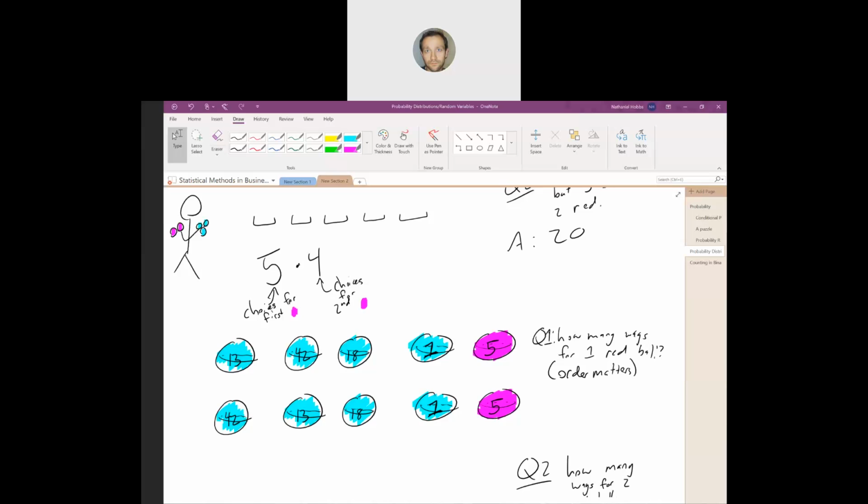So I need to pick 1 ball from the first line and then from the second line, right? I'm just talking about having 5 balls. So you're saying that these 2 sets of 5 balls are different. For example, these are 2 different ways that you could have 1 red ball. This isn't 1 way, this is 2 ways.